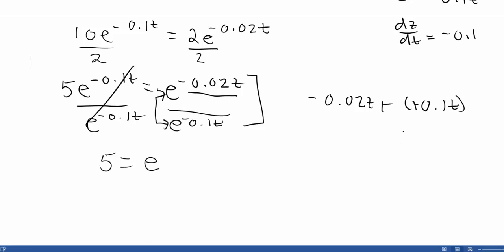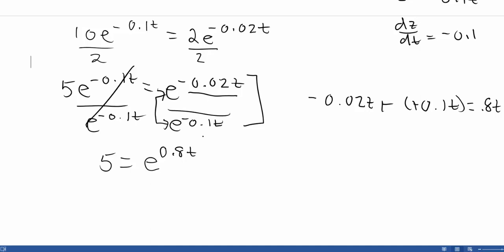The negatives are going to cancel, and this is going to result in 0.8t when I simplify that. So that means I can write the ratio of this function as e^(0.8t). So I needed to use this algebra fact in order to simplify this enough where it's now at the point where I can use natural logs.